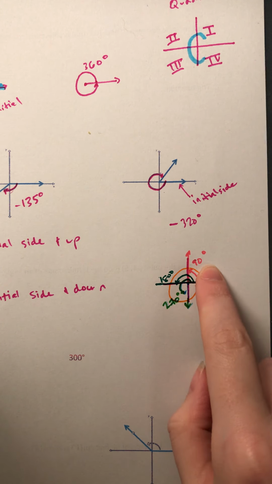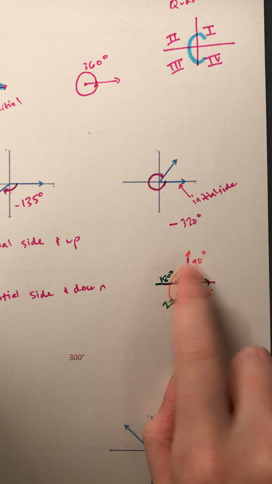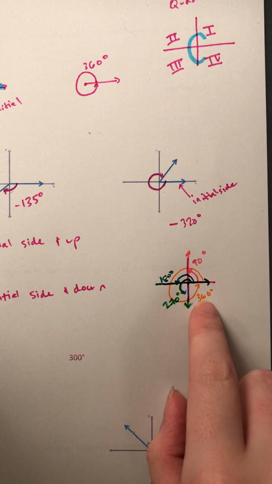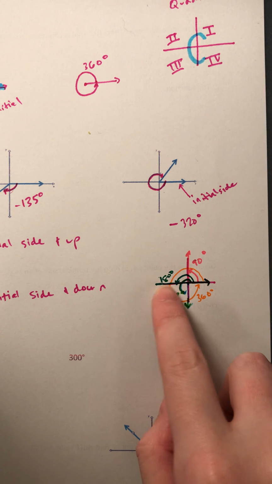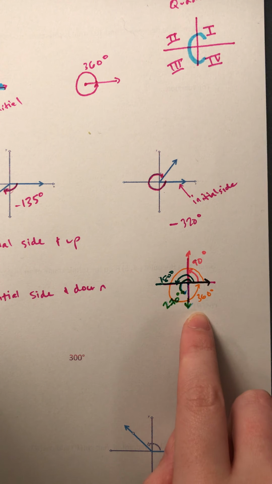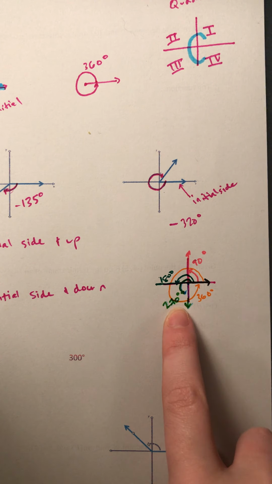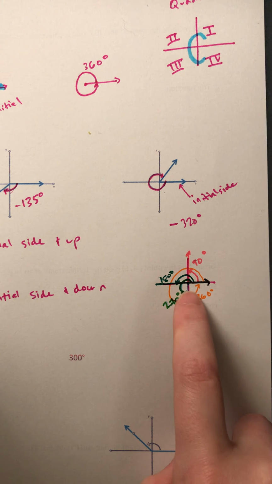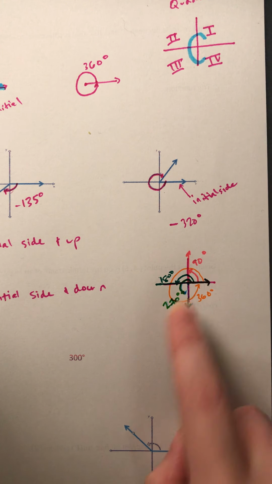So the first quadrant is 90 degrees, 2 quadrants is 180, 3, 270, and 4 all the way around would be 360. Remember, 360 is just 90 plus 90 plus 90 plus 90. So we're going to use these 4 angles a lot. The one that we probably know the least about is 270. So if you start at the x-axis over here and go around 3 quadrants, you have 270 degrees.